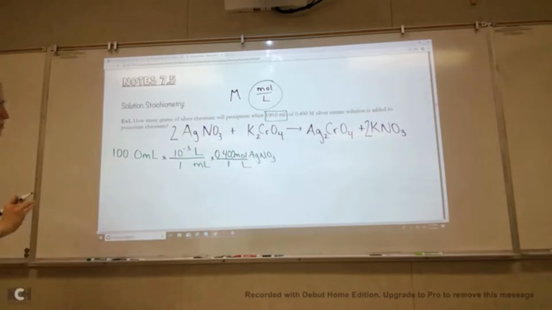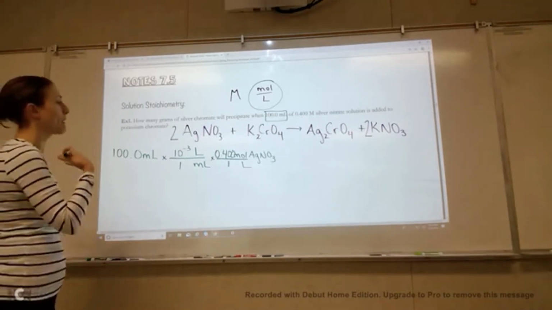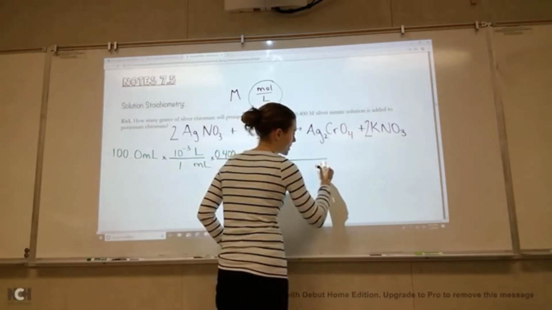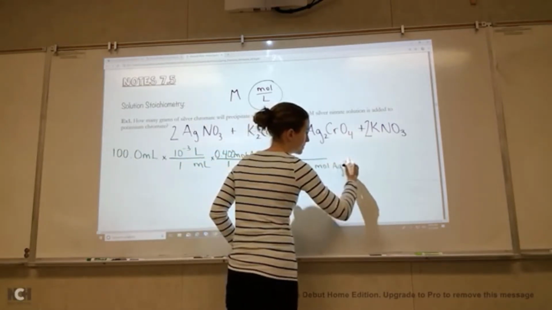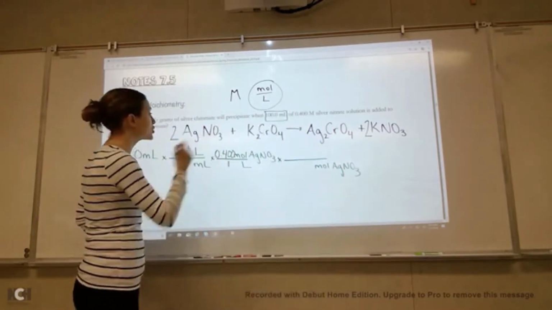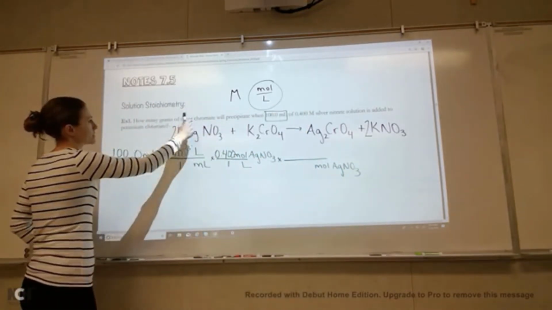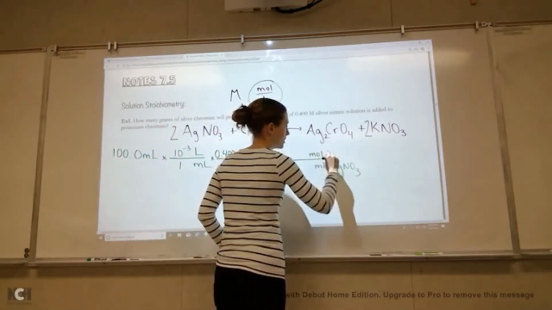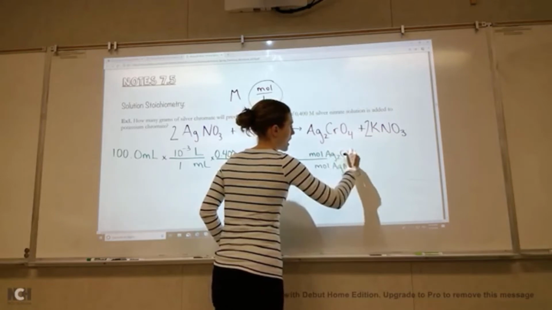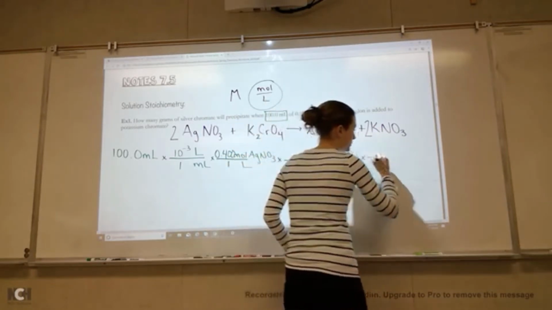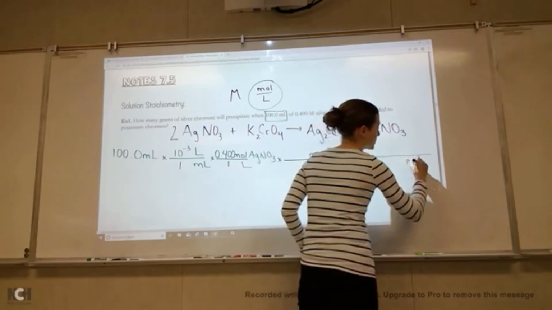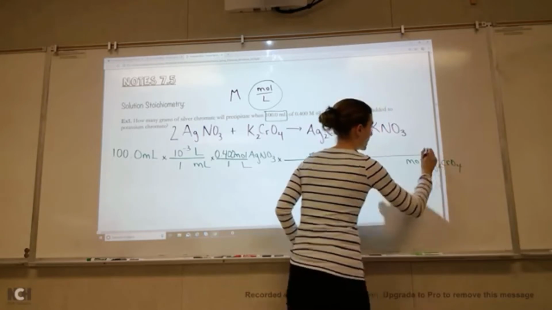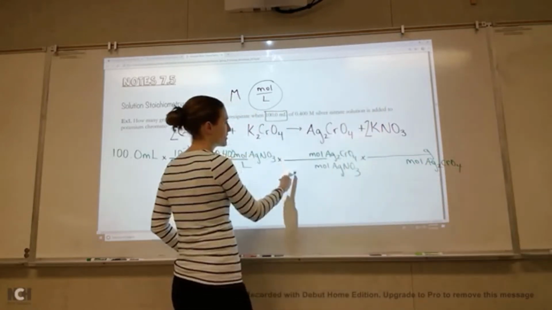This is now a typical stoichiometry problem because I can go from moles of silver nitrate, I can get out of moles of silver nitrate by putting it on bottom, and then I can get into what I'm interested in, which is grams of silver chromate. So I want to get first into moles of silver chromate, and then I'm going to do one last conversion, and I can get out of moles of silver chromate and into grams. So keep in mind, this was from the previous lesson.